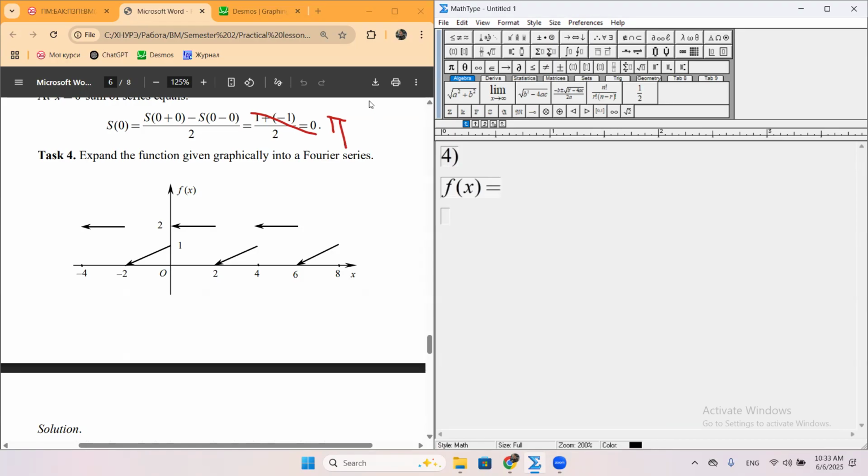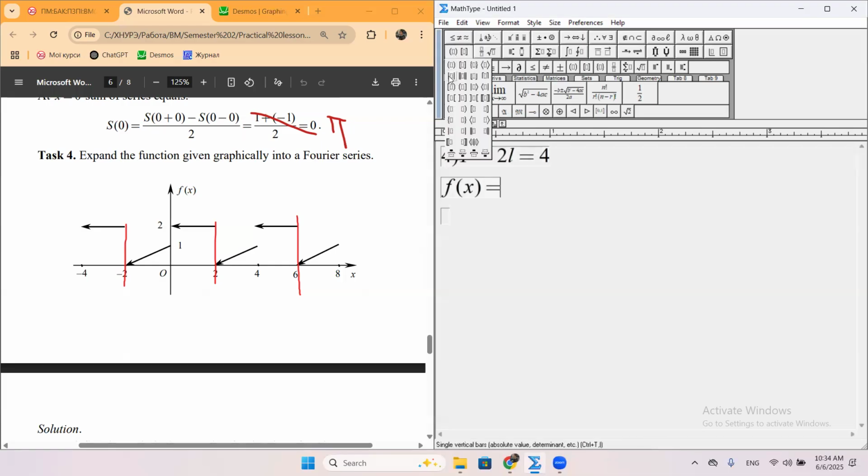So we can see that it is repeated on the following periods: from -2 to 2, from 2 to 6, so it has period 2L, so period T equals 2L equals 4.